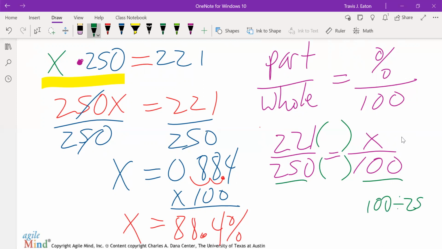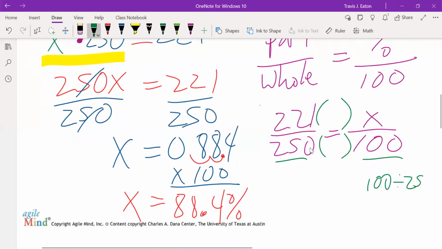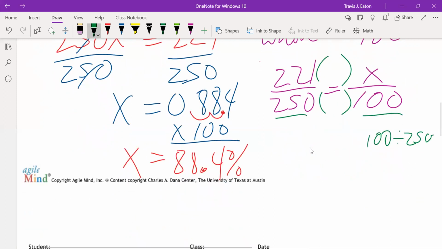Oh, come on. It's not letting me draw my 0. I hate that. There we go. Now, 100 divided by 250 is 0.4. So that is our quote unquote scale factor that we would have to multiply here.